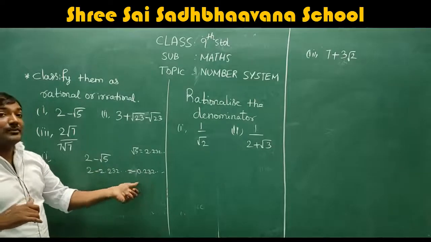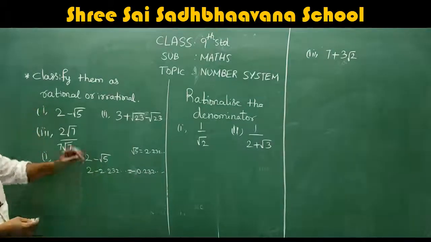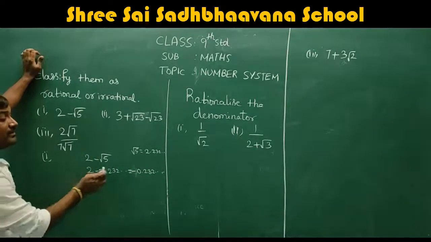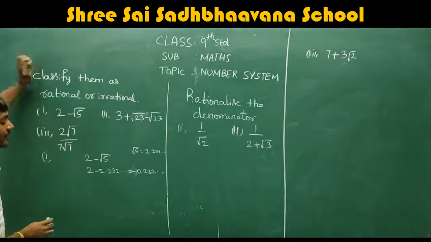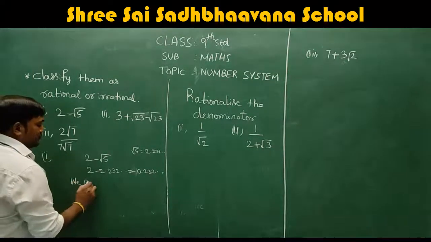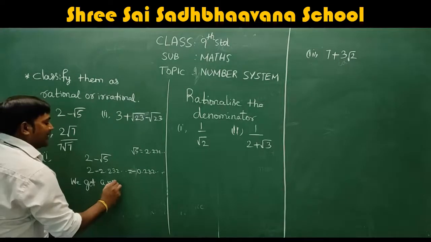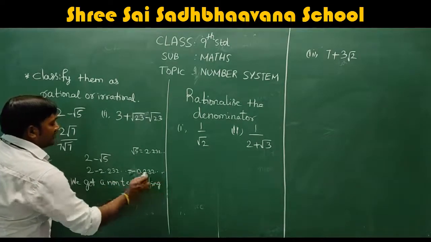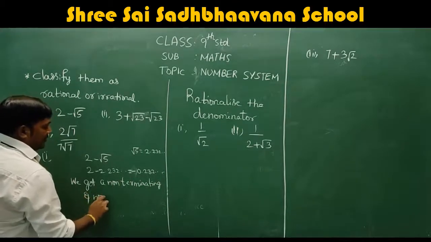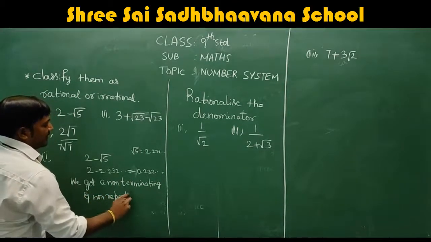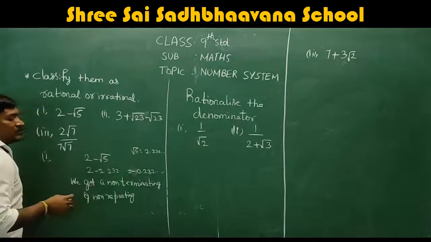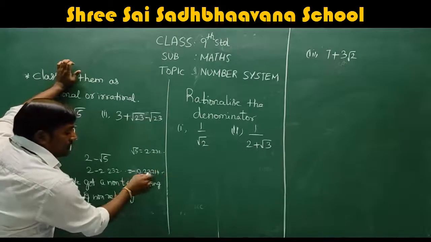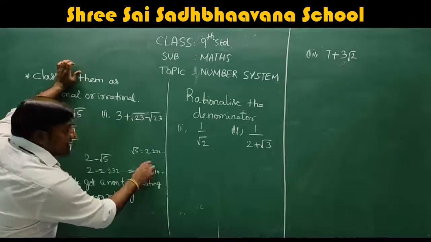So in this case, we got a rational number subtracted from an irrational number, and we are getting an irrational number. How can you conclude that this is an irrational number? You see the decimal expansion. It is not ending, so we got a non-terminating and non-repeating decimal. It is not even repeating. After 2 we got 3, again 2, again 1.